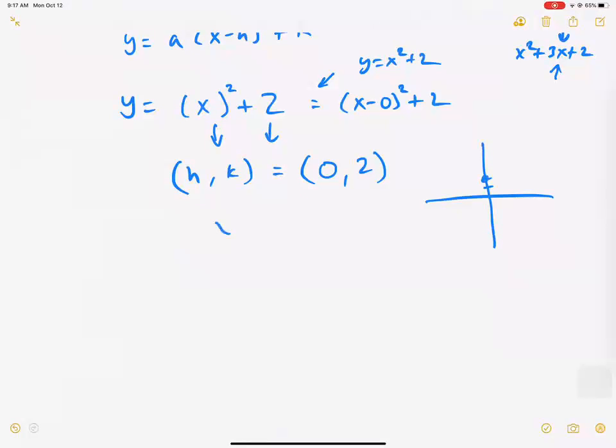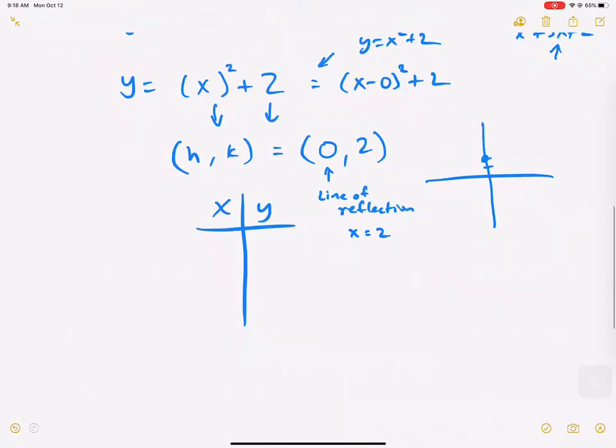So I'm going to create a quick t-table, and this is probably one of the only times I want to do this for these problems now. My vertex, the center of my graph, is at x is 0. This is the center, but this is also the line of reflection, x equals 0, because at the center of the graph, the right and left side are going to look exactly the same.